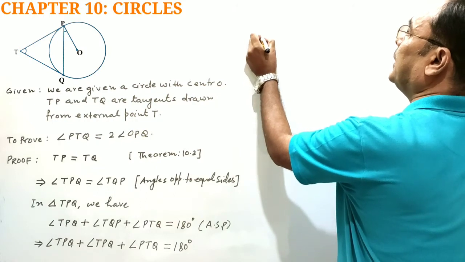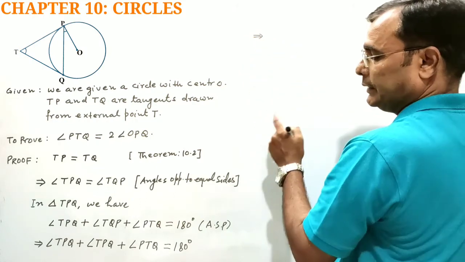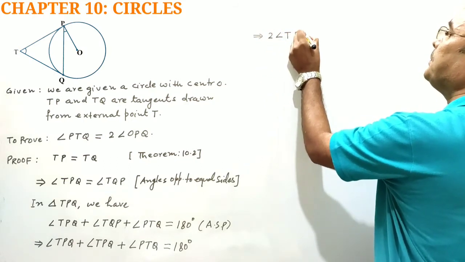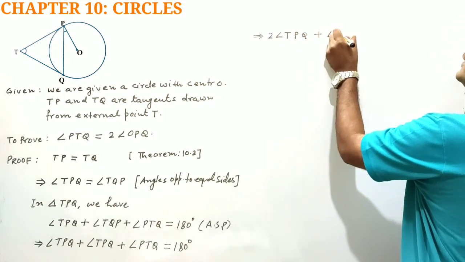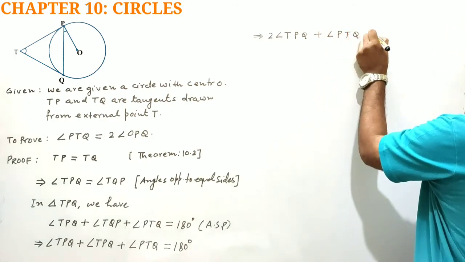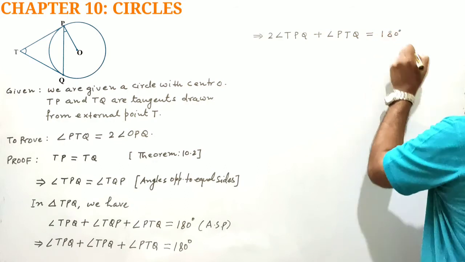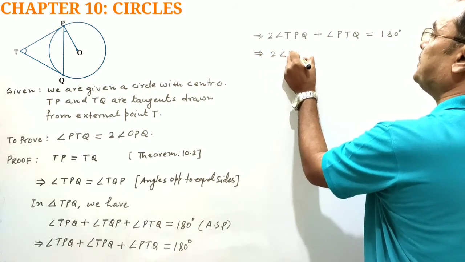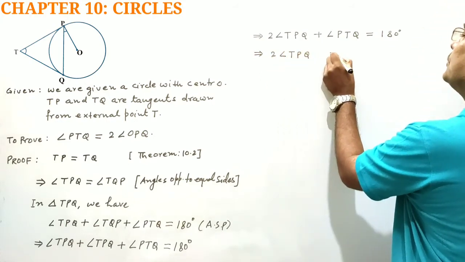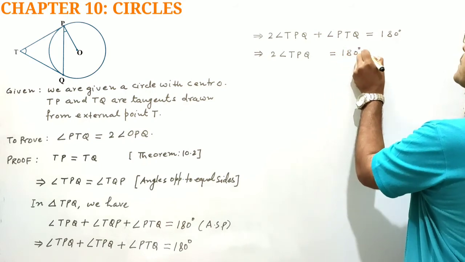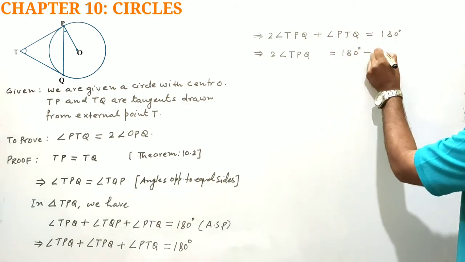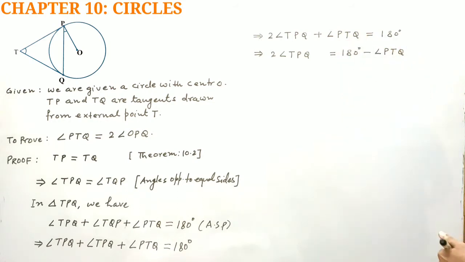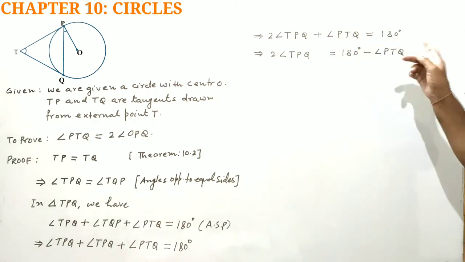This further implies that twice of angle TPQ plus angle PTQ is equal to 180 degrees. So twice of angle TPQ is equal to 180 degrees minus angle PTQ. This angle PTQ is transposed from left side to right side.